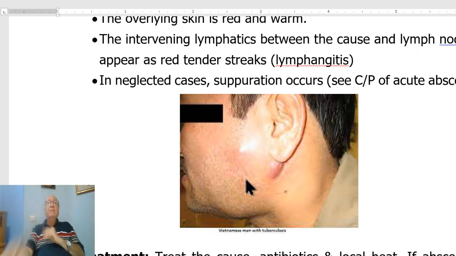And the clinical picture is usually manifestation of the cause, plus the lymph nodes are usually small, less than 1 centimeter. And you should put in your mind that any lymph node less than 1 centimeter in size is stationary, not enlarged, fair, discrete, mobile.